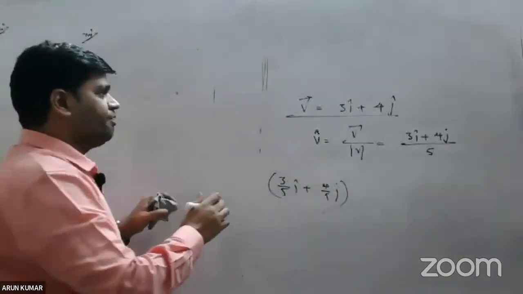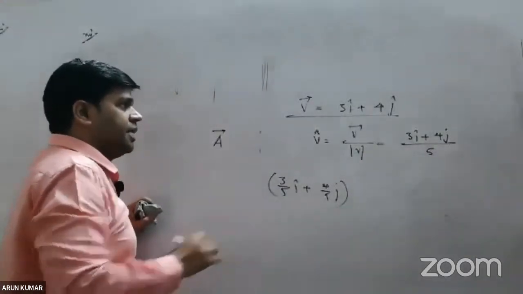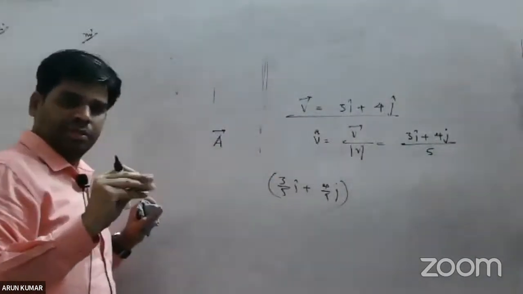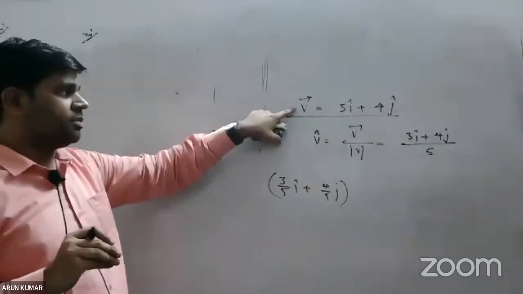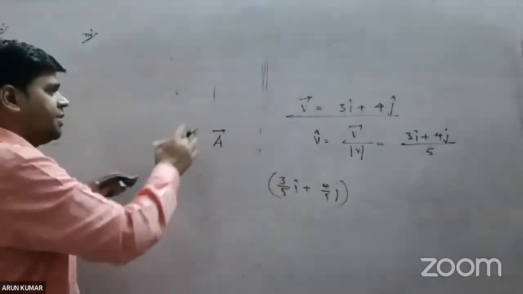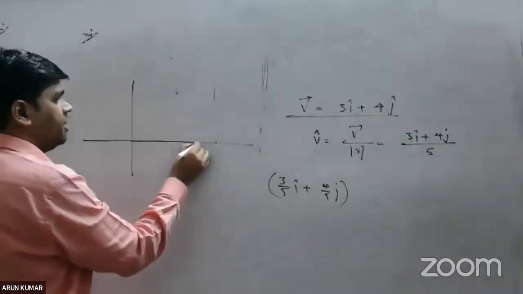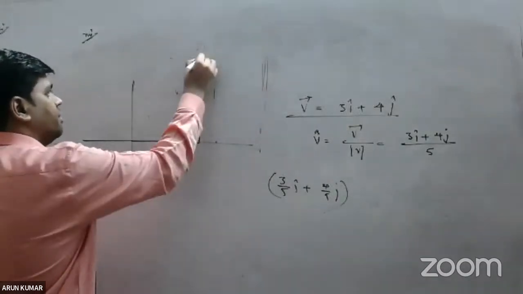Now, if I am asking you, I want another vector a bar, which is in this direction, but of 5 units. It should be in this direction, parallel to v bar, but it should be of 5 units. Let us draw that vector first of all. 1, 2, 3. 1, 2, 3, 4.